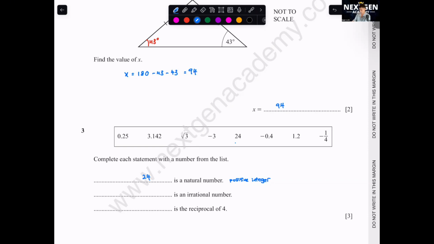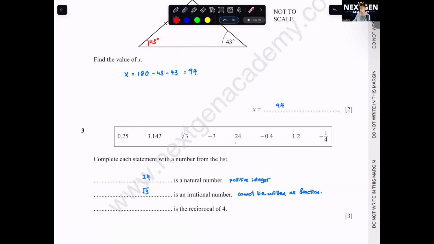So irrational means a number that cannot be written as a fraction. Whole numbers are also considered fractions, because let's say the value of 1, we can write it as 2 over 2, 3 over 3. So which one is the irrational number? 3. The rest of these decimals can all be written as a fraction, over 100, or over 1,000.